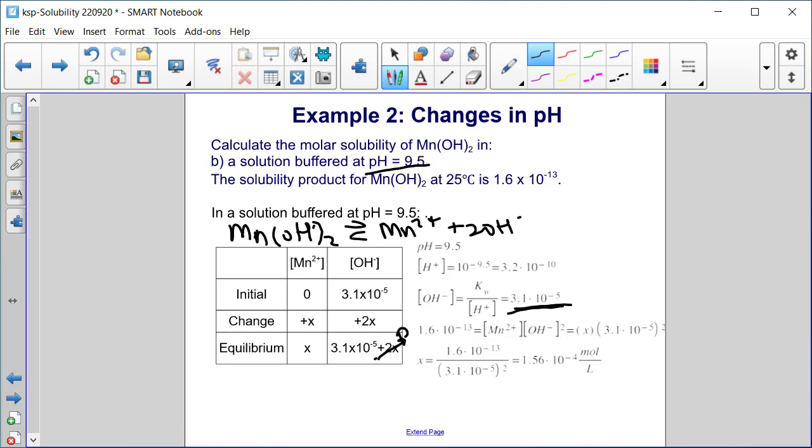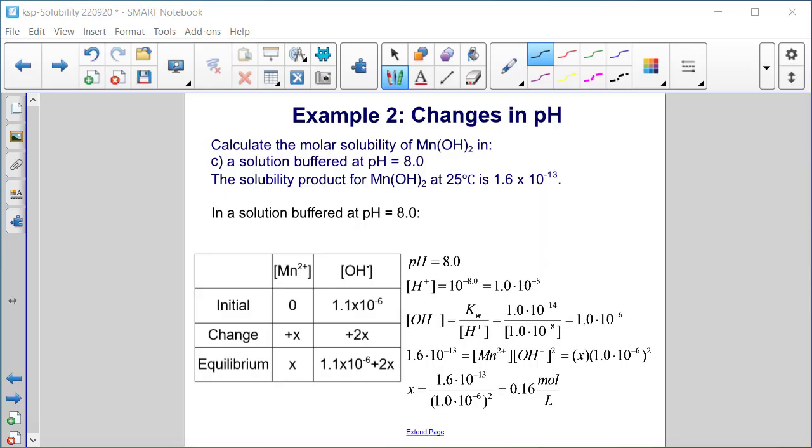And then we can solve using our KSP expression. So KSP was given as 1.6 times 10 to the minus 13 equals the manganese concentration in equilibrium, which is set to X, times the hydroxide ion concentration, which is 3.1 times 10 to the minus 5 squared. Solve for X, and we get a molar solubility of 1.56 times 10 to the minus 4 moles per liter.